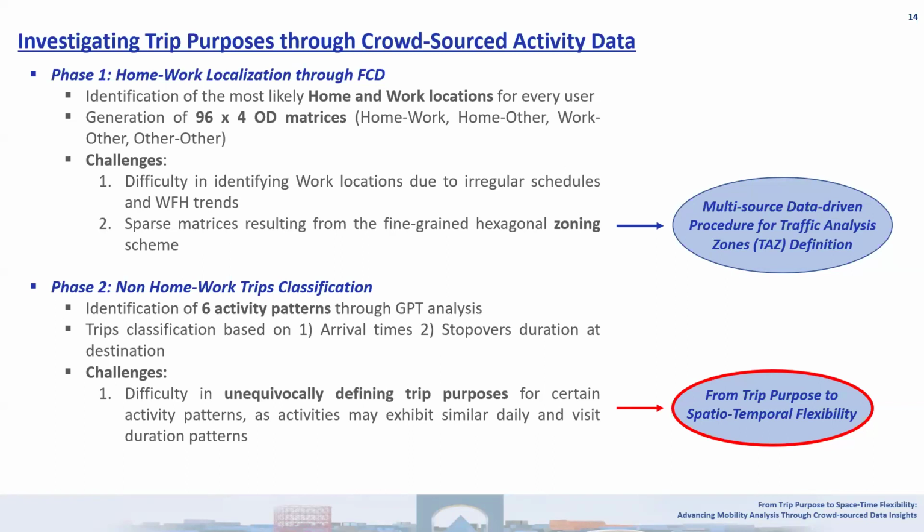Yes, I will introduce the second challenge. As I told you, the problem was to uniquely define the trip purposes, because in our clusters of points of interest we have very different activities inside. But we think we can solve this problem by moving from the definition of trip purpose to the definition of the flexibility behind the choice of activity, behind the choice of our trip.